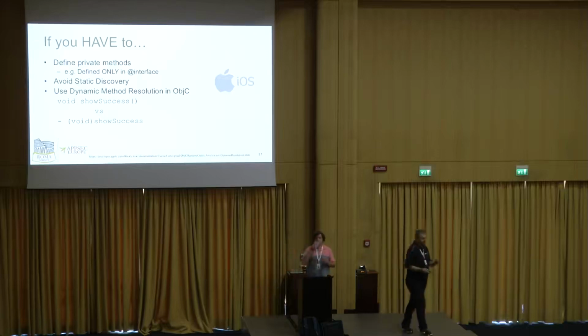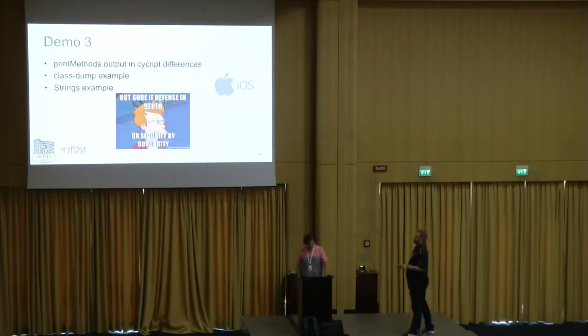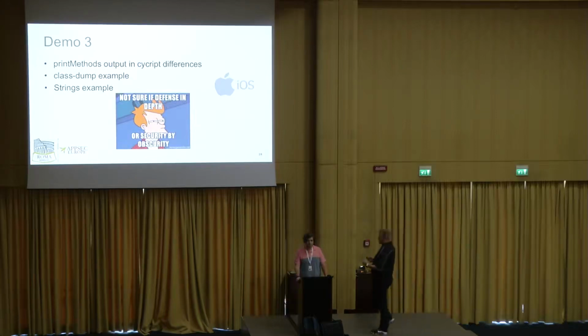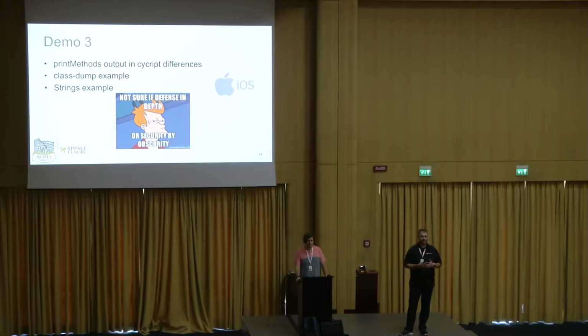Again, this is only if you have to. I wouldn't recommend using LA context at all, to be honest. I'm going to skip this demo because, frankly, we'll be out of time. But what this was supposed to do is I showed you that print methods approach. You can, and I was going to show you print methods. If you do the static or the dynamic method resolution and you try print methods, those methods do not show up with that, okay?